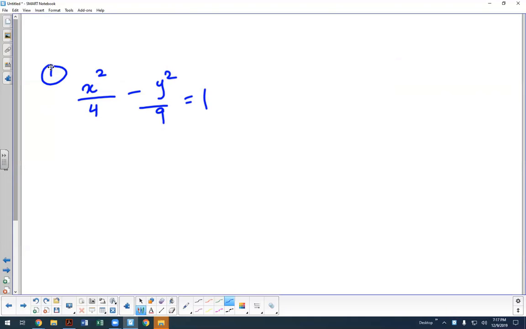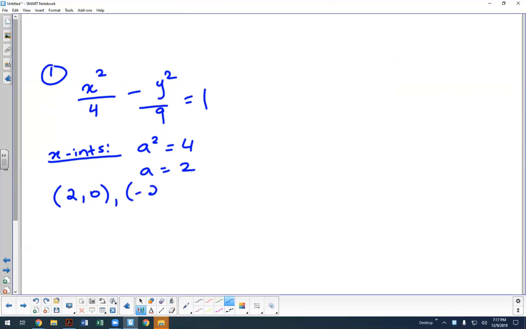So since x is mentioned first, that means our x-intercepts are coming from the values of positive and negative 2. So you're going to have positive 2 and 0 and negative 2 and 0 as our x-intercepts.